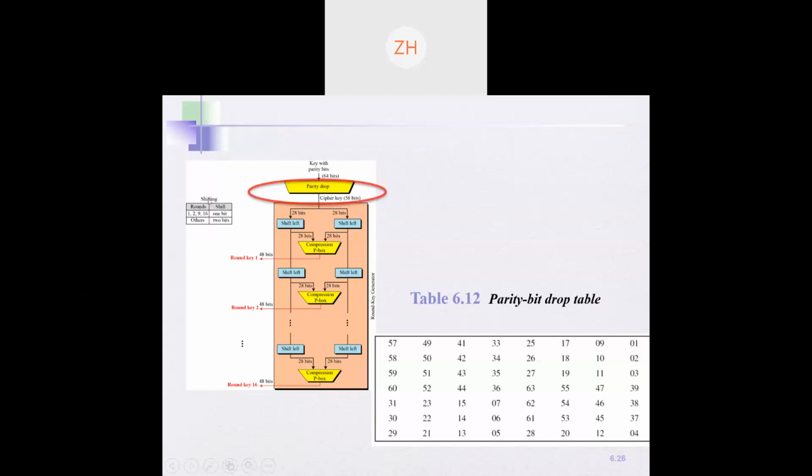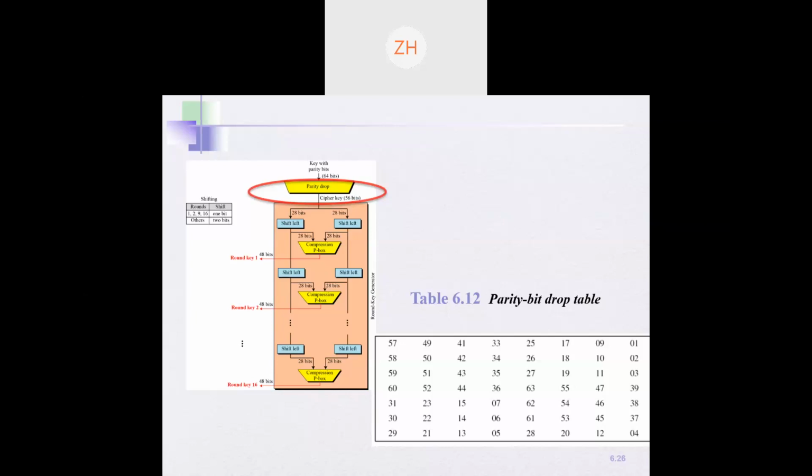How do we know how many bits to shift left? For round 1, 2, 9 and 16, it is 1 bit. For rounds 3, 4, 5, 6, 7, 8, 10, 11, 12, and so on, they have to shift left 2 bits. It's defined clearly and fixed.